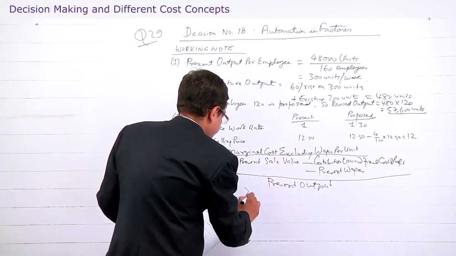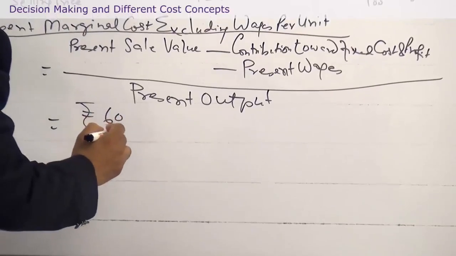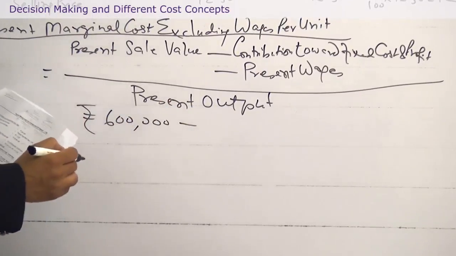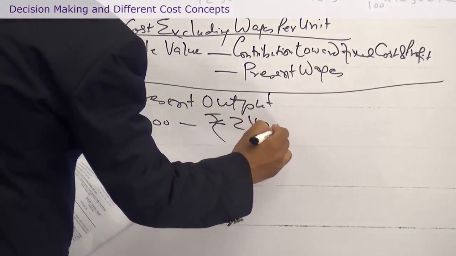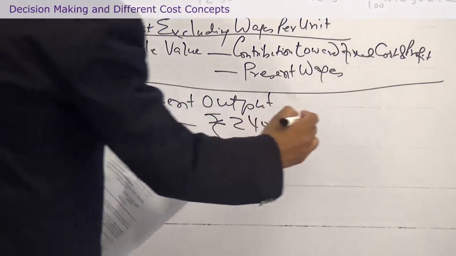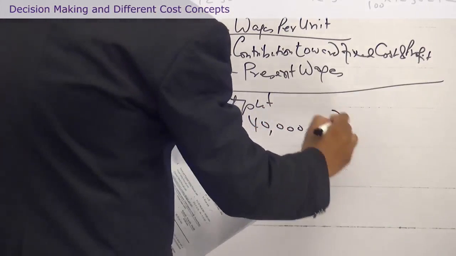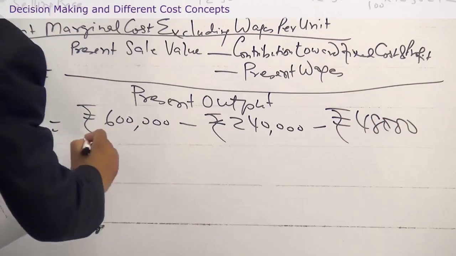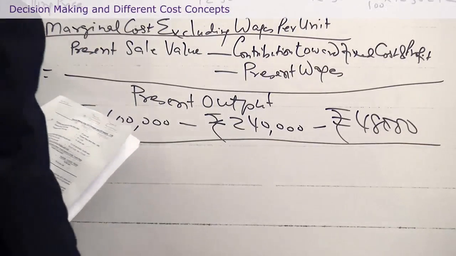So what you have to do is write present sale value, which is given here, 6 lakhs. Contribution toward fixed cost, and reduce the present wages, which is 48,000.